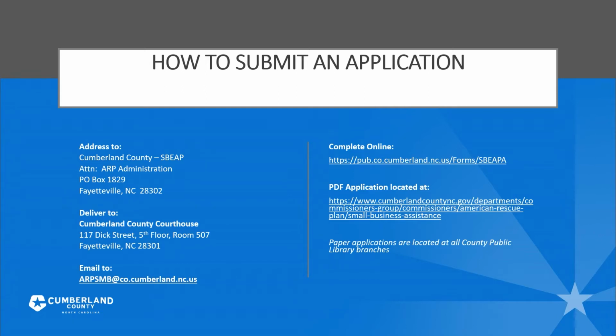They can be delivered to the Cumberland County Courthouse, which is located at 117 Dick Street, Fayetteville, North Carolina, on the 5th floor, room 507. If you would like to mail it, please address it to Cumberland County, SBEAP, attention ARP Administration, Post Office Box 1829, Fayetteville, North Carolina 28302.